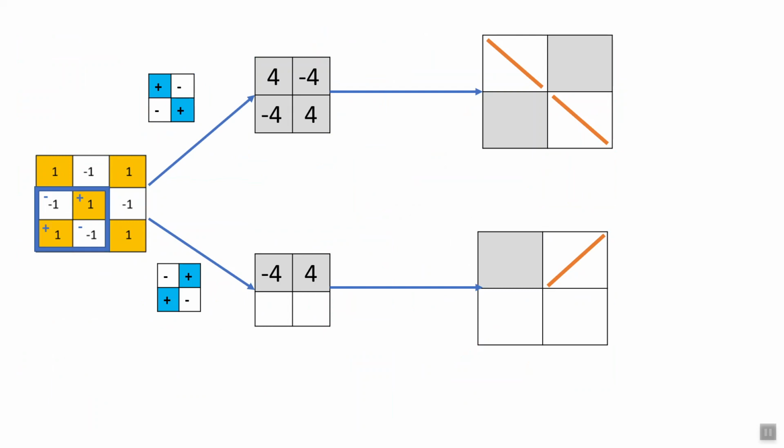The third one is used for the next one, and again we get a 4 value, so it finds the diagonal. The next one is minus 4, so there is no value; it didn't find anything in the fourth element.